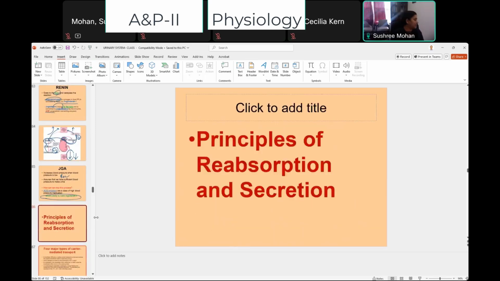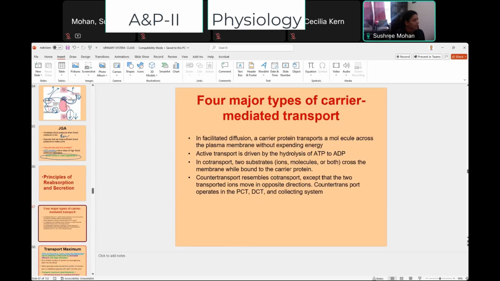Principles of reabsorption and secretion. 4 major types of carrier-mediated transport mechanisms are there. In facilitated diffusion, facilitated means you take some amount of help, okay? A carrier protein will help in transporting. Then there is active transport that is mostly done with hydrolysis of ATP, and that uses energy.